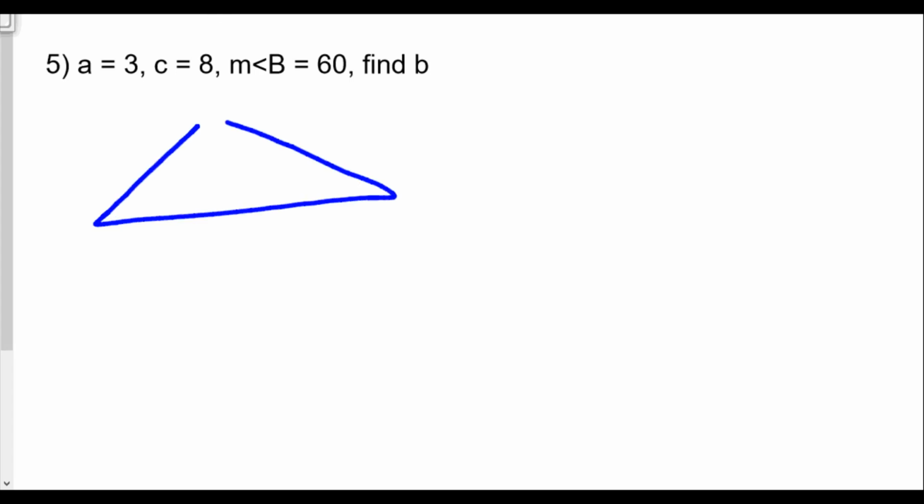So we have here, let's say, for example, this angle B. So let's see, A, and little a is here, which is 3, and little c here is 8, and angle B is 60 degrees.